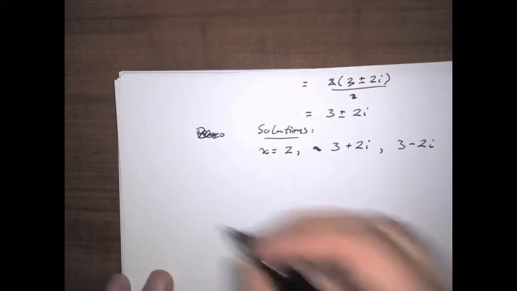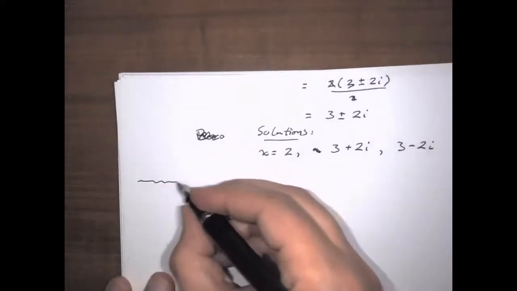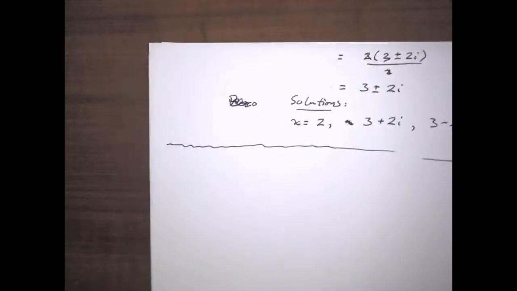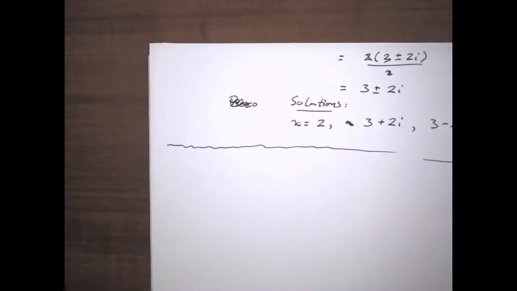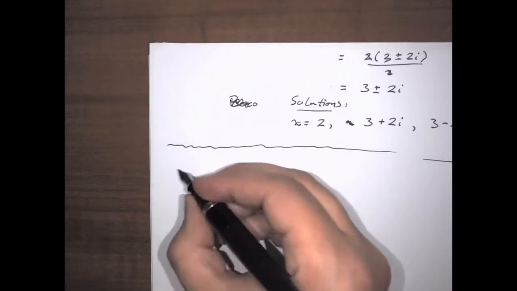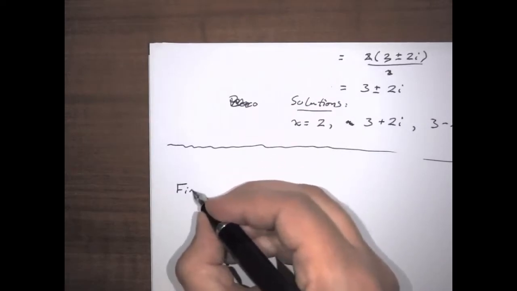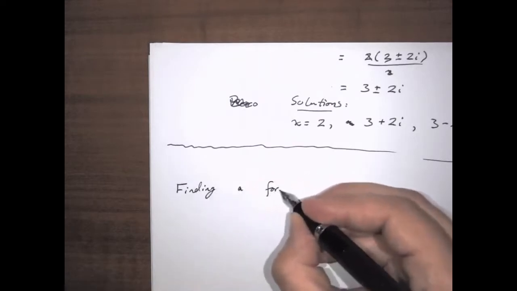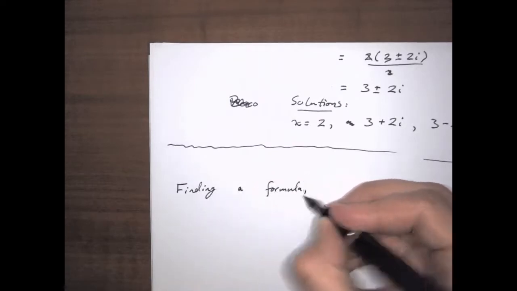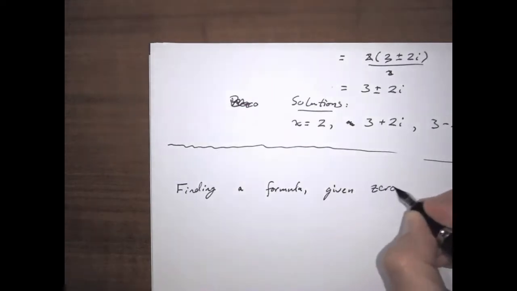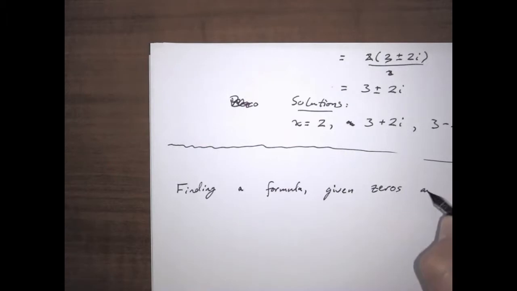Alright, now the very last task that we can be asked to do is a slight increase in difficulty on a task we could already do. So, finding a formula, given zeros and a point.